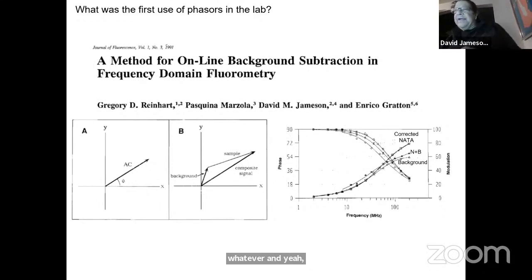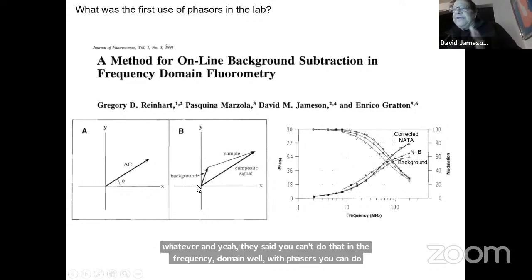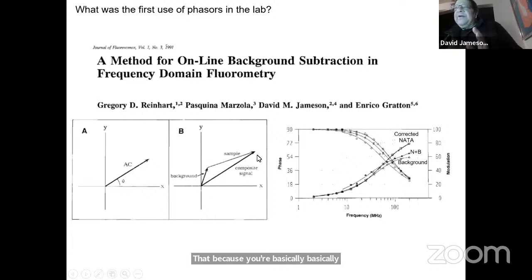Well, with phasors, you can do that, because you basically did the phasor of the background and the phasor of your sample, and using the vector properties, you can extract the sample. And here we see this N and B that was NATA, N-acetyltryptophanamide, in a mixture with a lot of background.